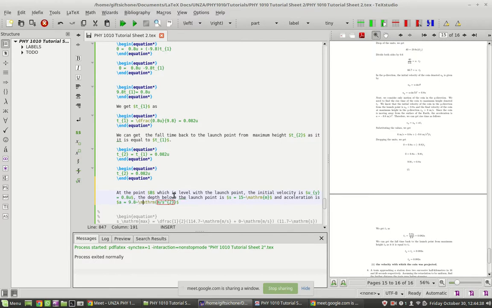Except I'm not sure how this is going to work out. If it becomes more complicated, we have to work out the maximum height in terms of u, then add the maximum height to the 15, then work out the other way around.